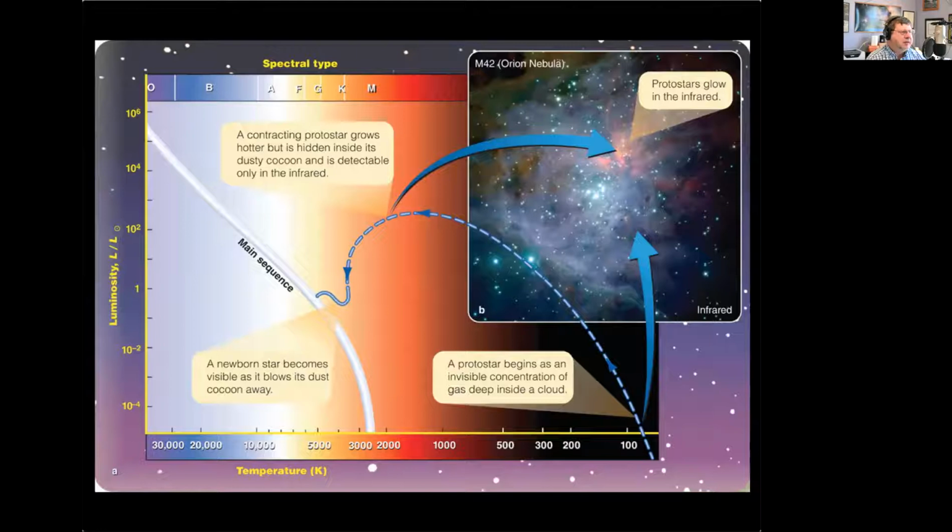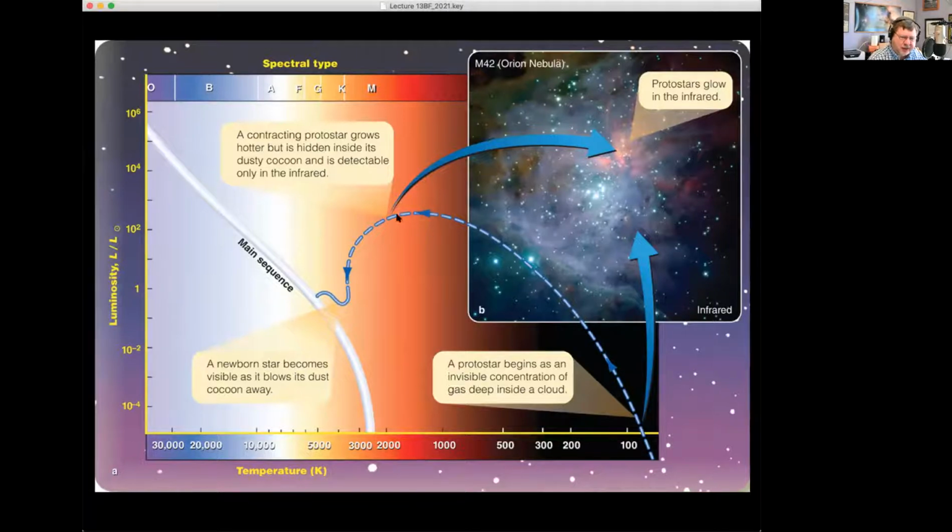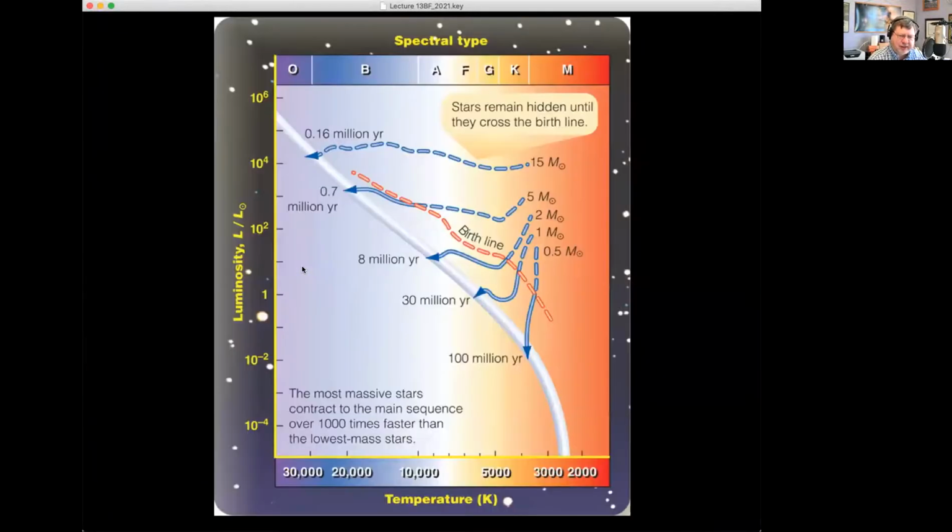Okay, so the fact that the radius is very high is why a protostar is going to be very luminous, although it's going to be relatively low surface temperature. And then it continues to collapse, the core gets hotter and hotter, and right about here, the core reaches 10 million degrees. A star is born, and then it settles on the main sequence. So this process takes millions of years, and then it will settle on the main sequence. For a star like our sun, it will take 10 billion years just sitting on the main sequence.